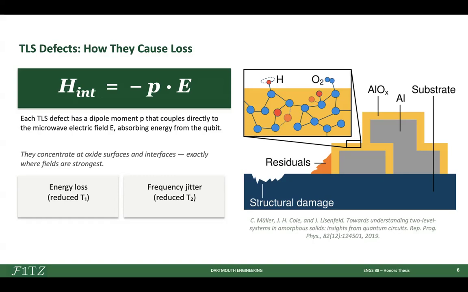So this leads to two things. Leads to energy loss, which shortens how long a qubit can hold its state, and it leads to frequency jitter, which shortens how coherent the qubit phase is. Now, this figure here is just a figure of where it's believed that these defects are likely located in Josephson junction qubits.